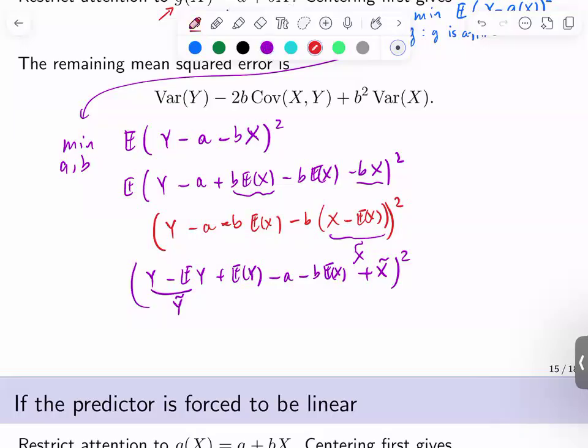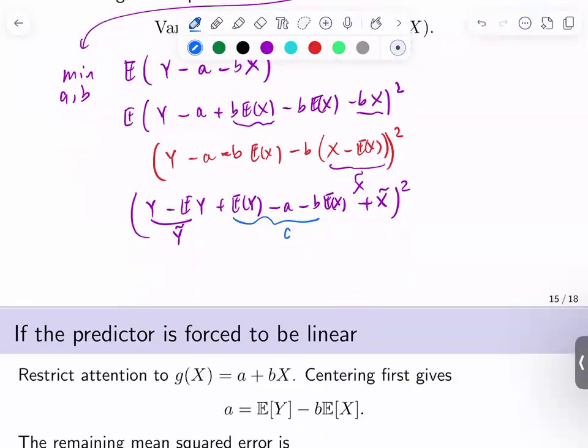Now this thing is a constant, right? So these two are zero mean, right?